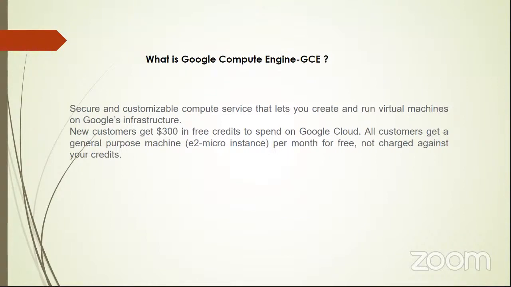Suppose you want to create an application, say a web application server, wherein you want 4 core CPU, 16 GB RAM, and 1 TB of hard drive. All of these are available on GCP. So you can create according to your needs, right? And if you see the second line, I've also mentioned that new customers get up to $300, right?